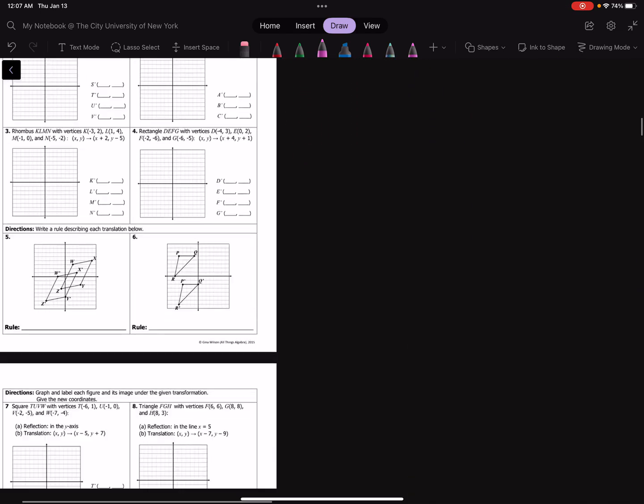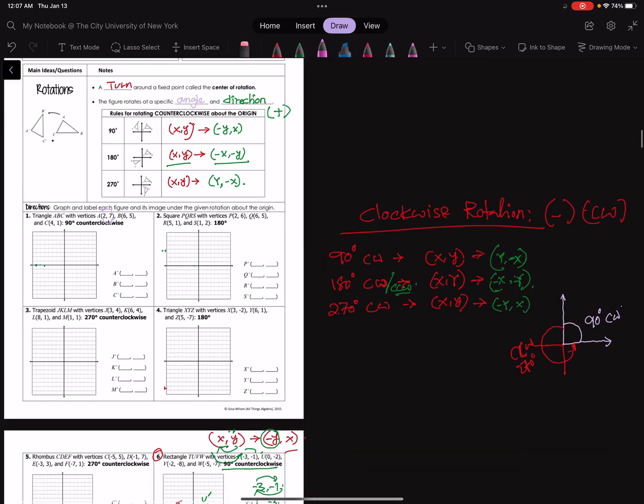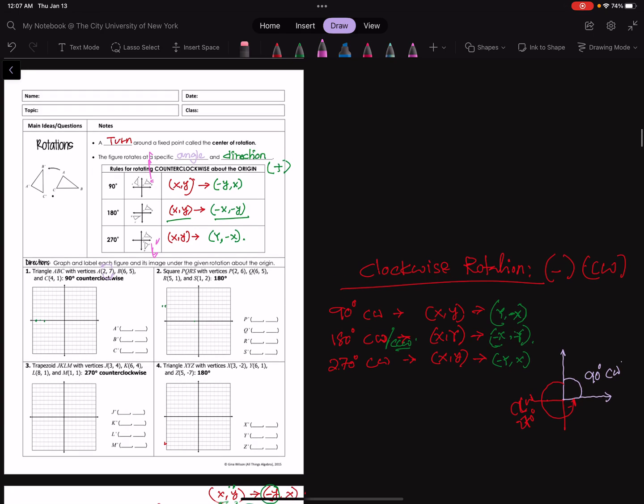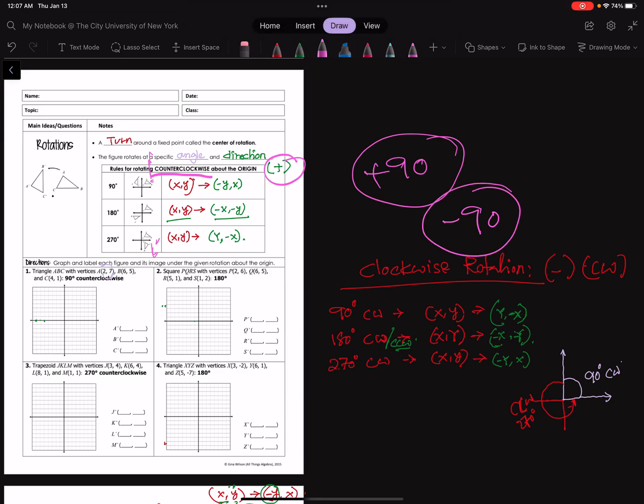And then once we move into rotation, remember, you will have to know this, okay? Counterclockwise is positive. Let's say positive 90 means counterclockwise. Negative 90 means clockwise, okay? So let's say, again, this is also about a point.